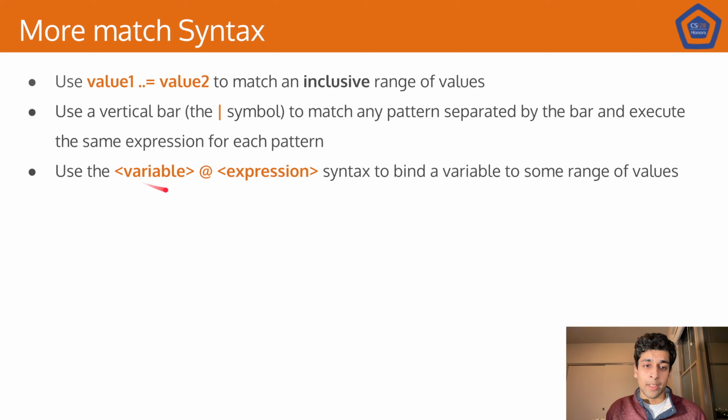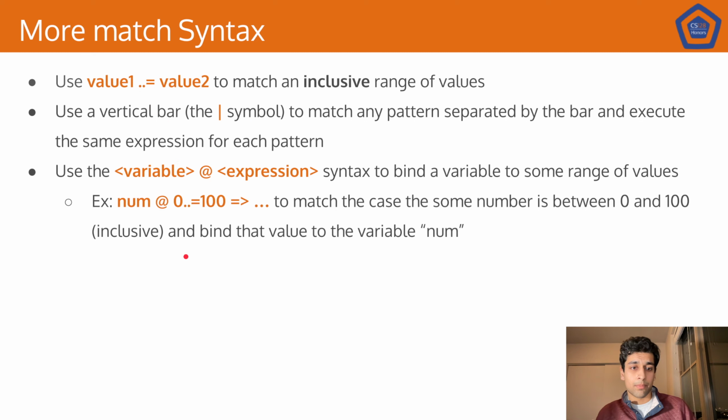You can use the variable at expression syntax to bind a variable to some range of values. So say you have this range notation or the bar notation, you can bind that to a variable. So if we have a range, we can say num will get bound to whatever number gets matched to this range.